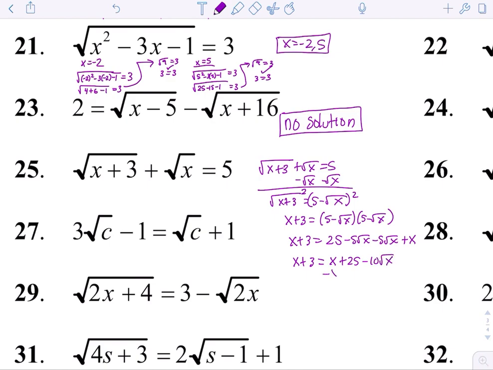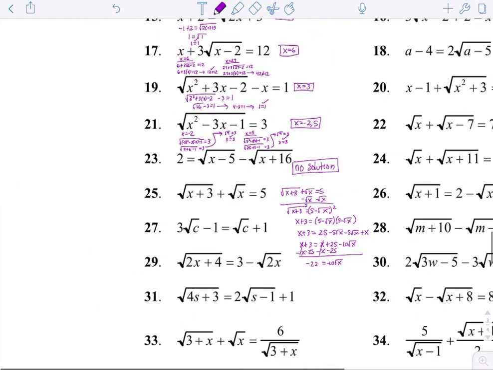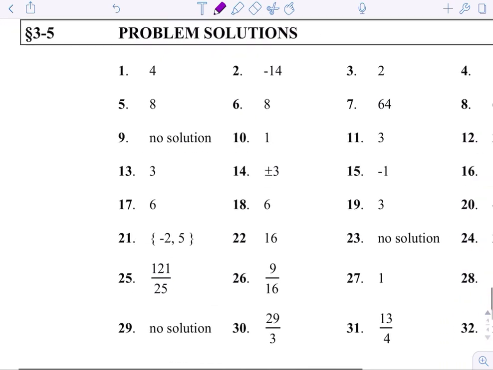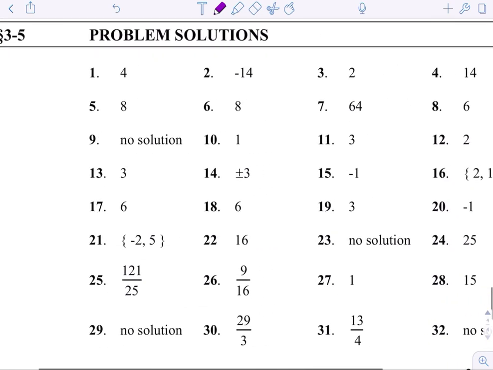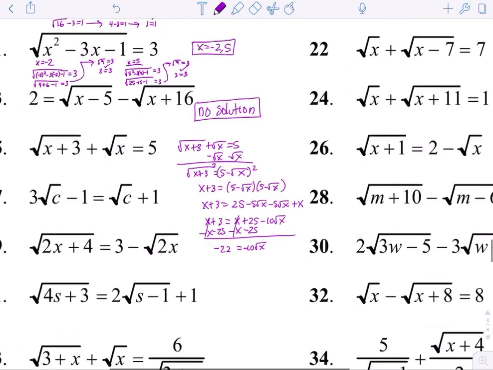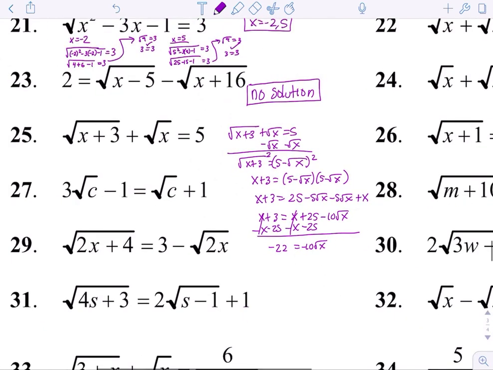Now we have to isolate. Subtract x from both sides. They both cancel. Subtract 25 from both sides. We get negative 22 is equal to negative 10 rad x. We're going to divide both sides by negative 10.